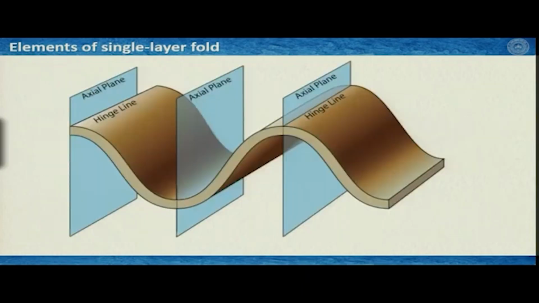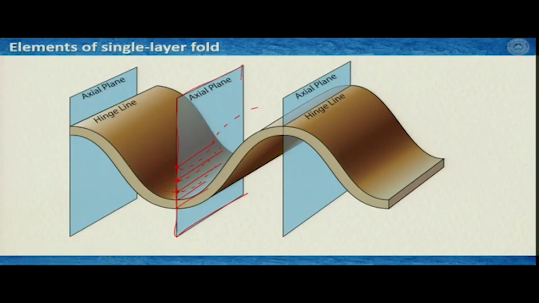Now, this is the illustration showing what is axial plane. So, this is one hinge point, this is another hinge point, and if you can imagine, we have a series of folds here in the multi-layer goes like this, then you can always find a series of hinge points and their corresponding hinge lines. So, if you connect all these lines together, then you generate a surface.